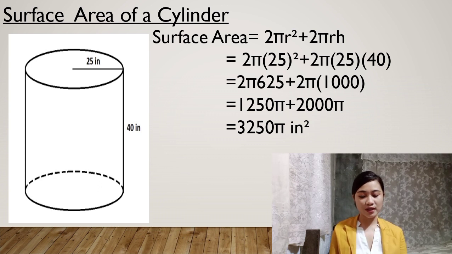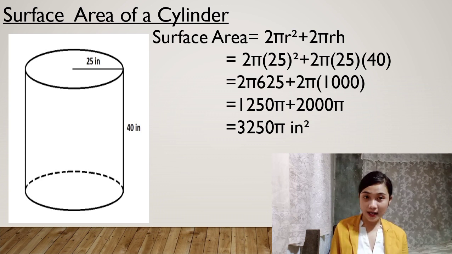So, we are going to substitute. Okay, surface area is equal to 2 pi r squared plus 2 pi r times height. Okay, so we have 2 pi, yung radius is 25, so squared, plus 2 pi, value ng radius is 25, multiplied to height, which is 40.